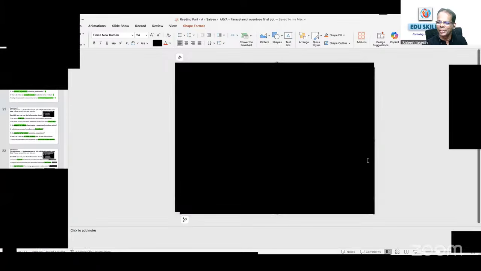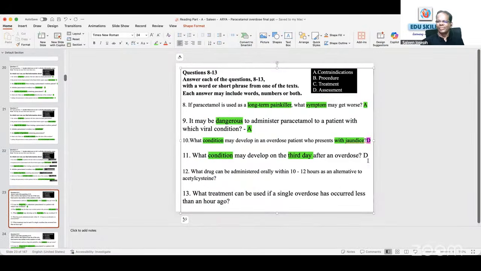You'll have to conclude one. Overdose means it is B, no? B. Let's keep it. Since you have doubts, we'll keep it in suspension. It's good to have some doubts. When we go there, we'll find it.